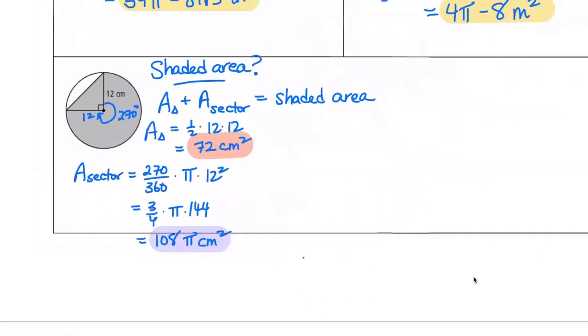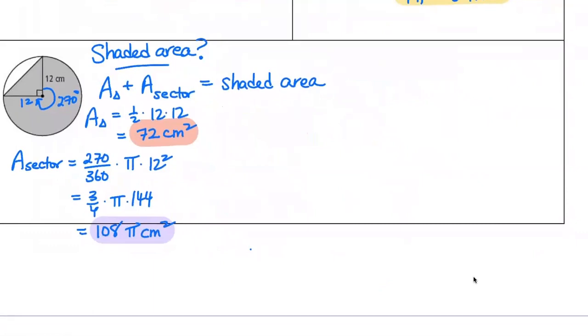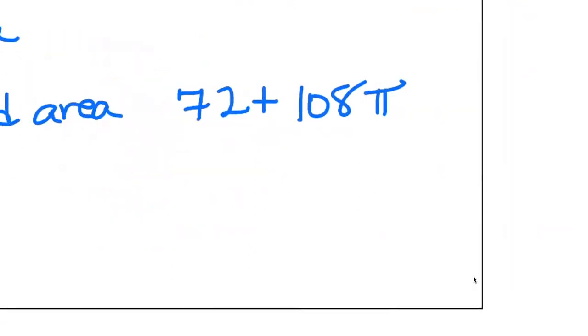And then our final answer, our shaded area, will be the area of the triangle, which is 72, plus the area of the sector, which is 108 pi, and that's in centimeters squared.